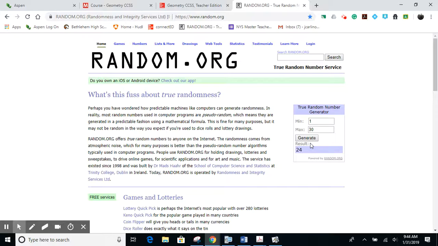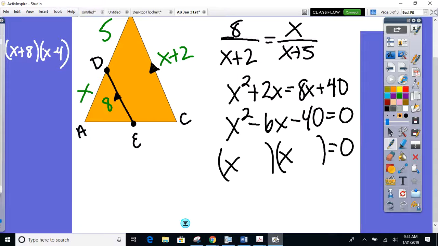24. Were you a factor or a quadratic? Okay, you're up. Two numbers that multiply to this and add to this. What are those numbers? Multiply to negative 40, but add to negative 6. Nice job. All right, I'm going to stop there.